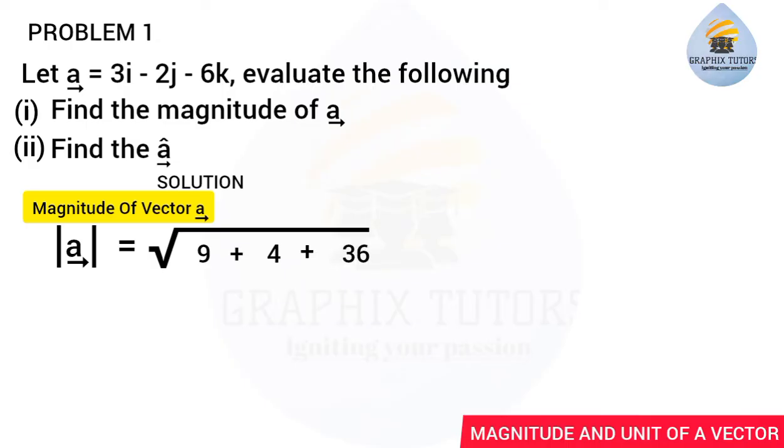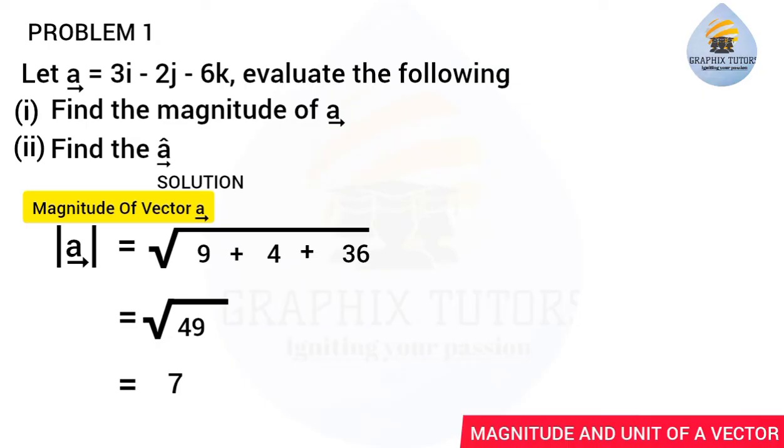So since it is squared, the minus will disappear. So you now have the square root of 9 plus 4 plus 36. When you add 9 plus 4 plus 36, you'll be having 49. So we're having the square root of 49. And the square root of 49 is given to be 7. So this is the magnitude of vector A.